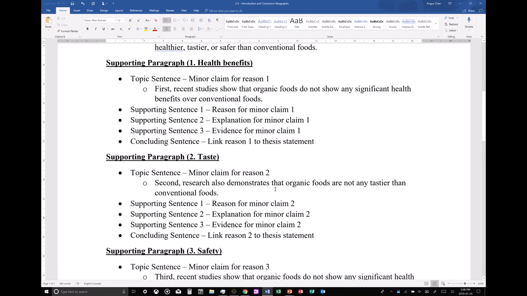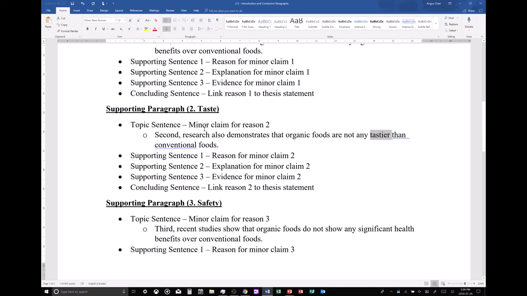See, again, I have taste this time, focusing on the second reason, and I write it in the topic sentence. Again, with the topic and the controlling idea. Organic food is not tastier than conventional foods.